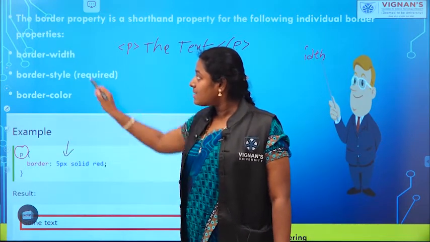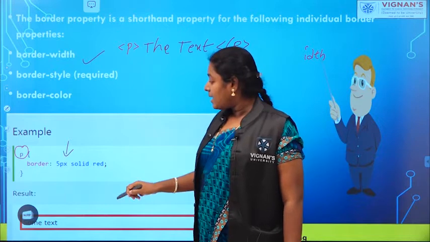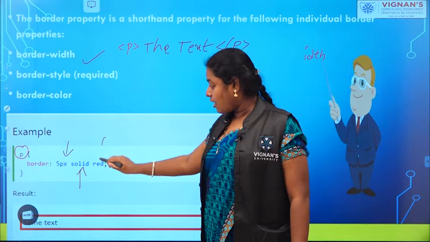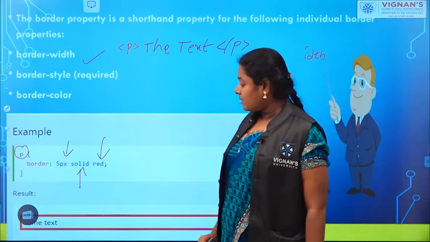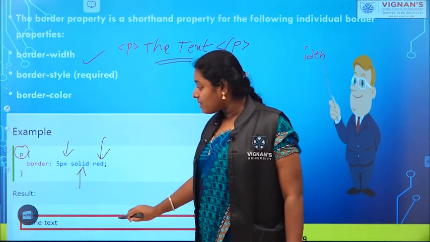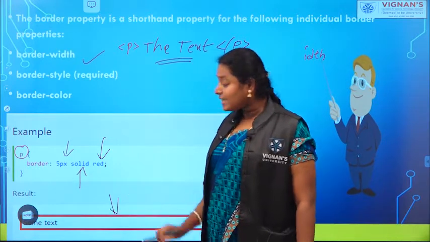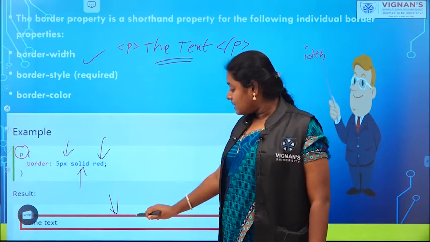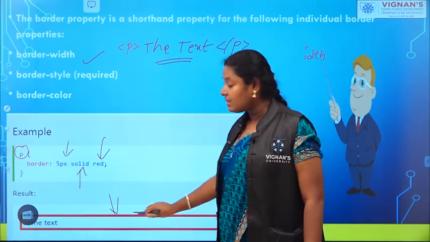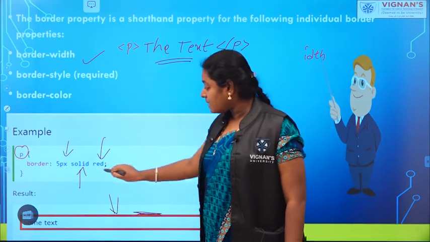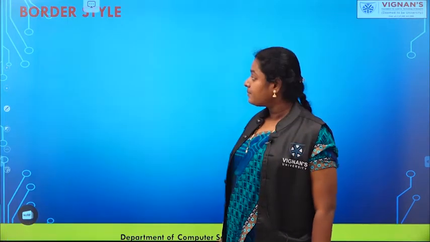This is called as border width. Next this is called as border style. And next this is called as border color. So if you see in the output, for this text, a border with a 5 pixel width is applied to the border. Next this is the solid line. Solid is the style that you had applied to the corresponding border with the color red.